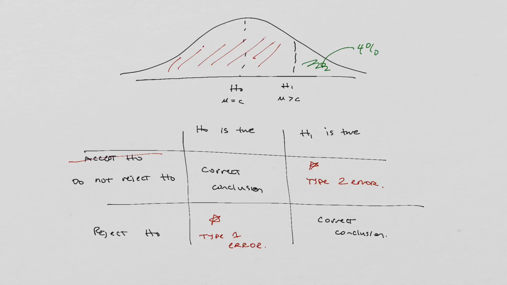So if their claim is true, and I pull out evidence which says this sample should only happen 4% of the time, this is evidence against the null hypothesis.